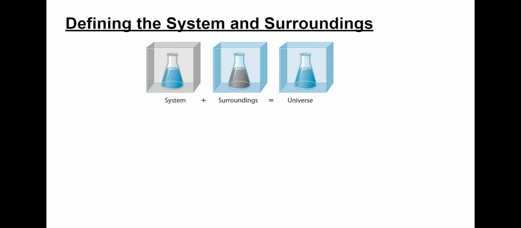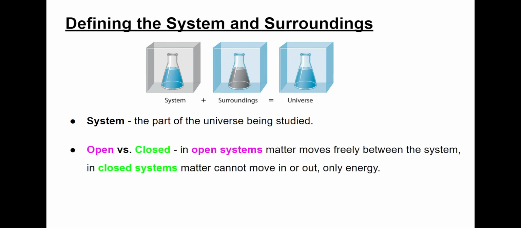So let's define system, surroundings, and universe. The system is the part of the universe being studied. Systems can be open or closed. In an open system, matter can move freely in and out of the system. Think of a coffee cup again. If you leave that coffee cup on your table for a couple of weeks, all of the water and coffee are gone.